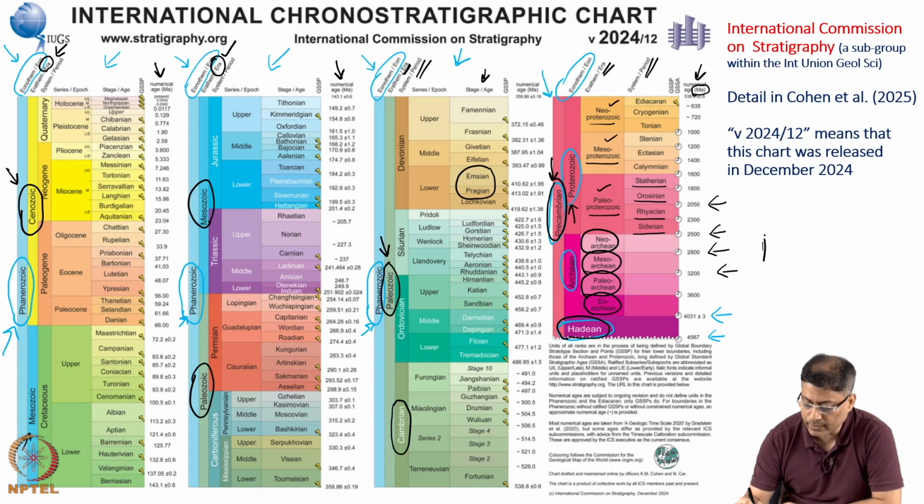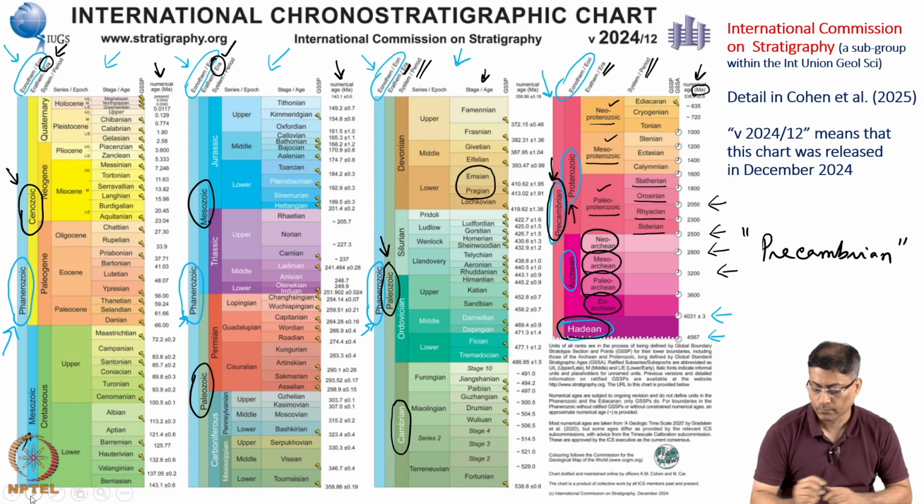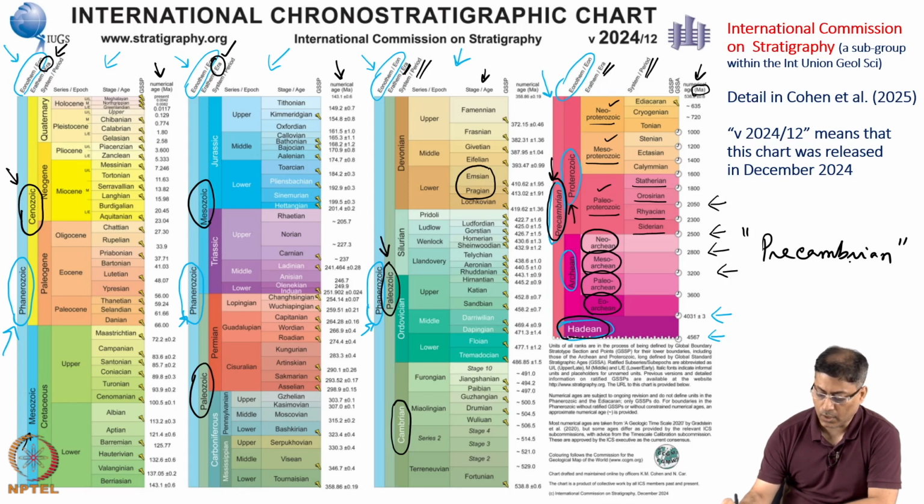Please be careful that Precambrian is not a formal stratigraphic name in that sense. However, the term is frequently used in stratigraphy. So, rocks younger than Cambrian are a portion of Paleozoic.